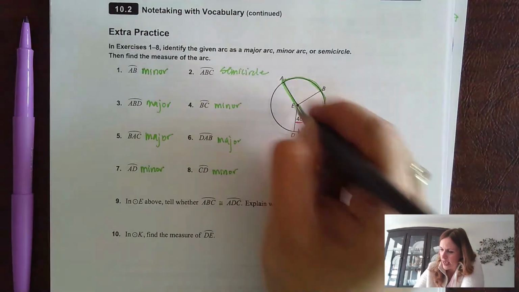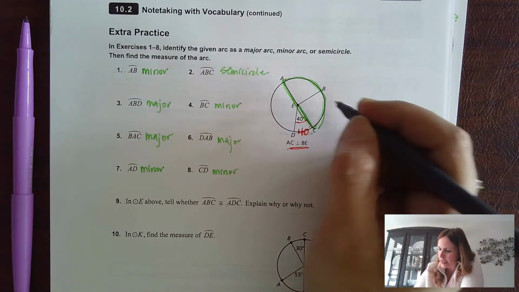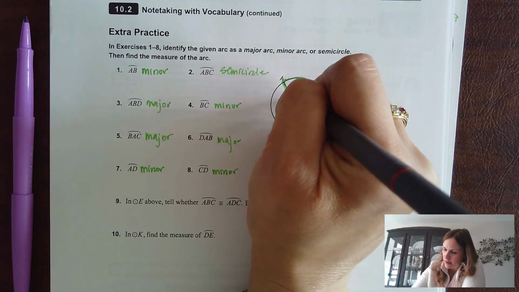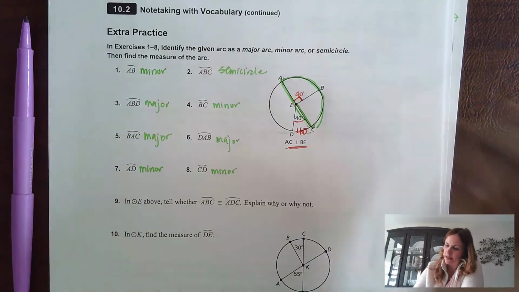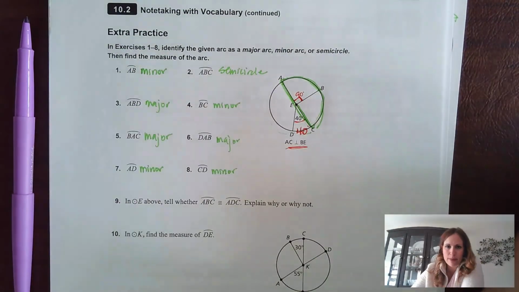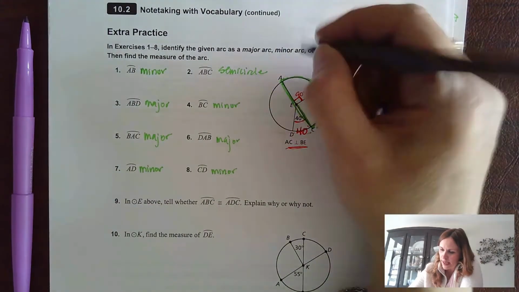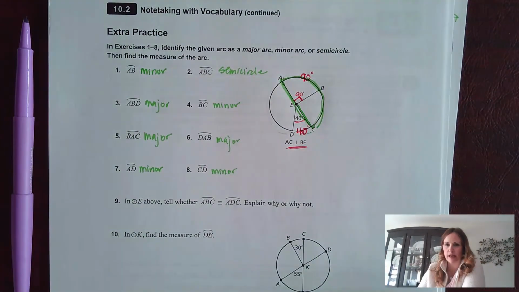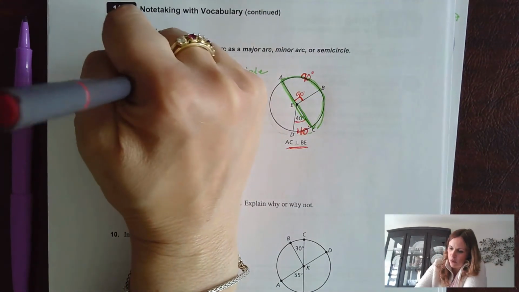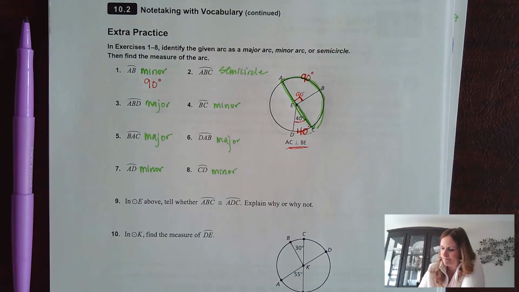AC is perpendicular to BE. So that means this is a right angle. If this is 90 degrees, then what do we know about arc AB? Since this is a central angle, its corresponding arc will be the exact same as its central angle. So arc AB will have to equal 90 degrees.